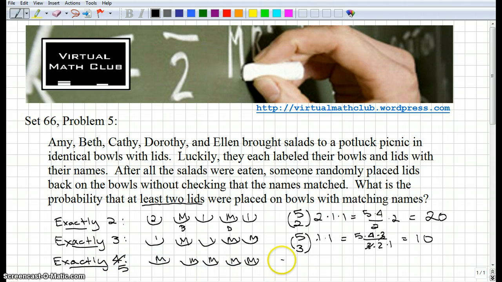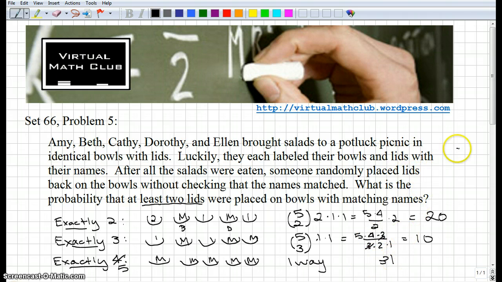There's only exactly 5, and there's only one way to put all the lids on the right bowls. So we only have one way for that. So we've got a total of 31 ways that we can place these lids on the bowls such that at least 2 lids match. Okay, so we've got exactly 2, exactly 3, and then we have exactly 5. And so we have a total of 31.